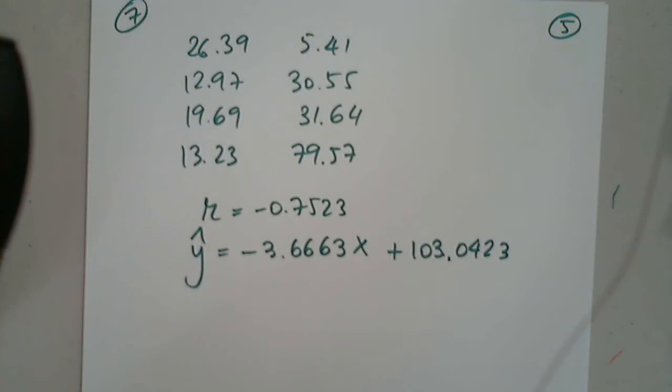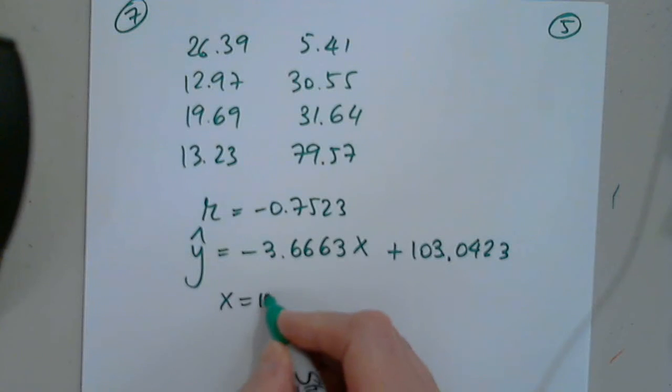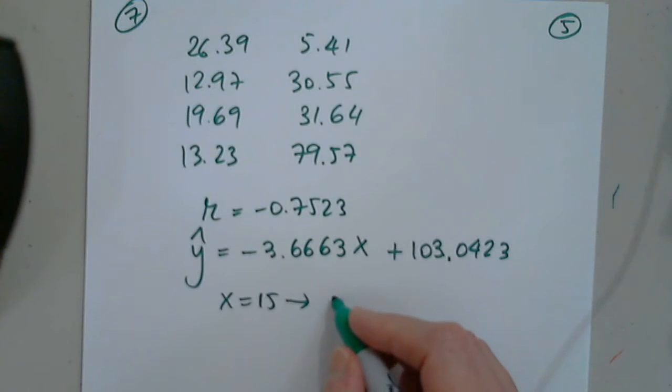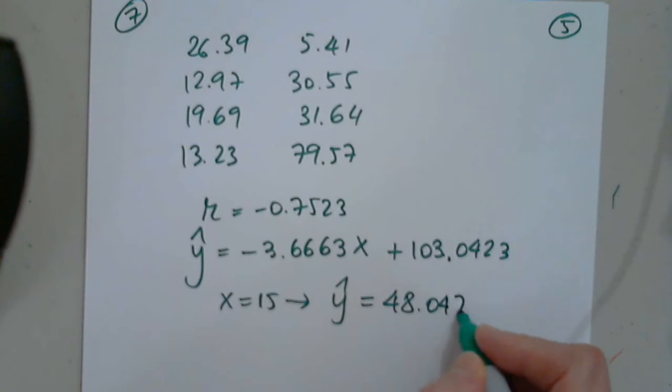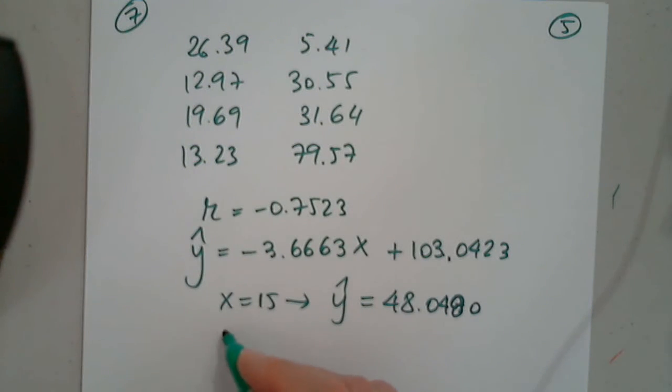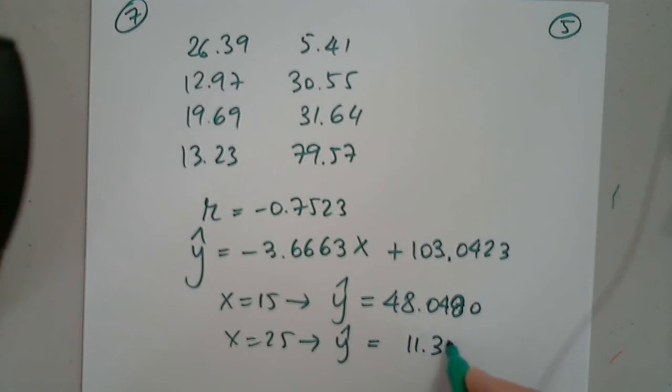And the predicted value for 15, here it is. So when x equals 15, the predicted value of y hat is 48.047. And for x equals 25, the predicted value is 11.3851.